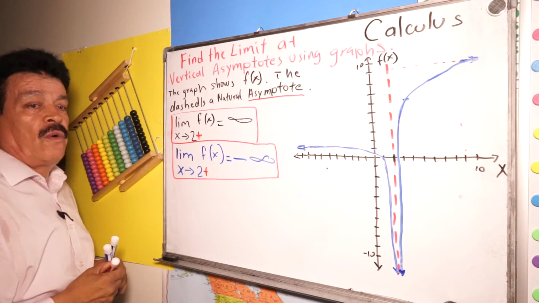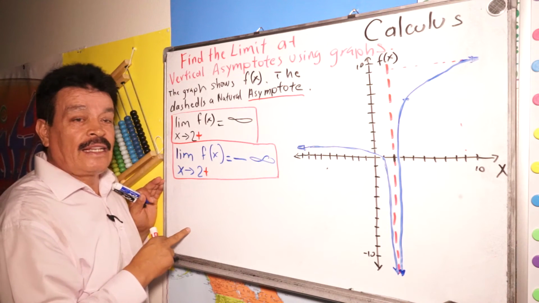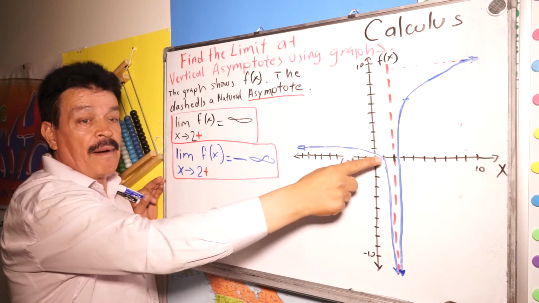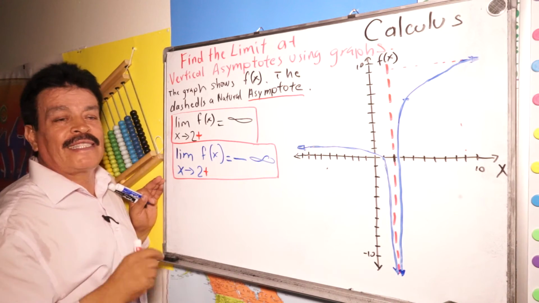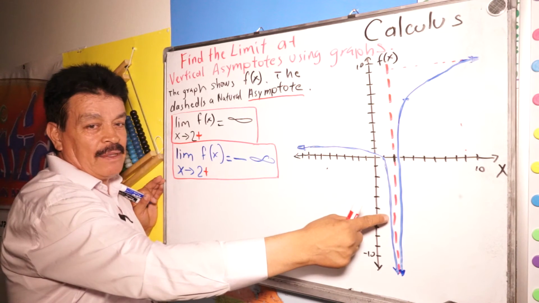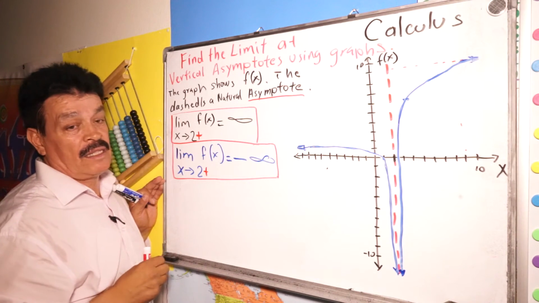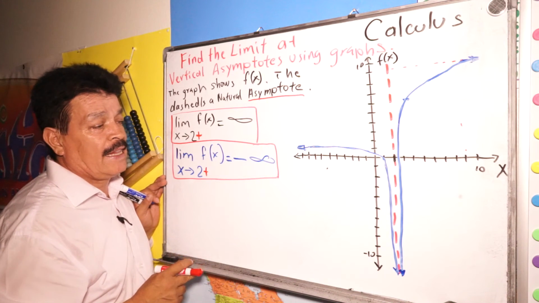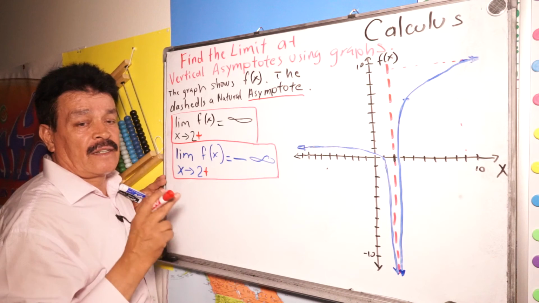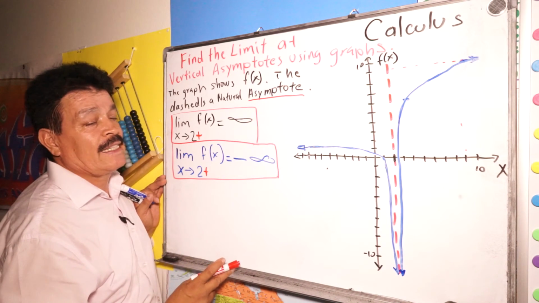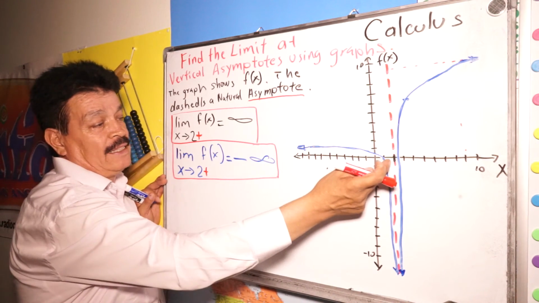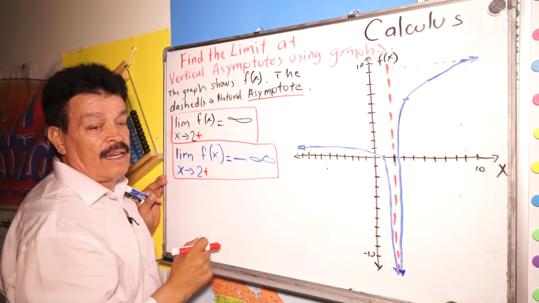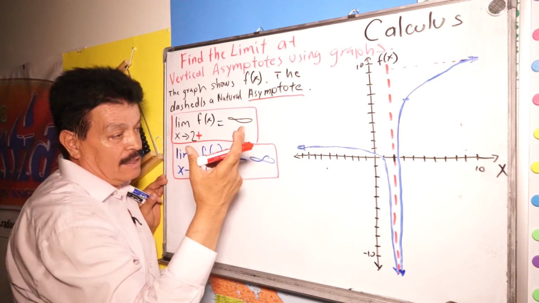As x approaches 2 from the right-hand side, the value of f of x becomes arbitrarily large negative numbers. This means for any large negative number, there will be a point close to 2 where the value of f of x is less than that number.